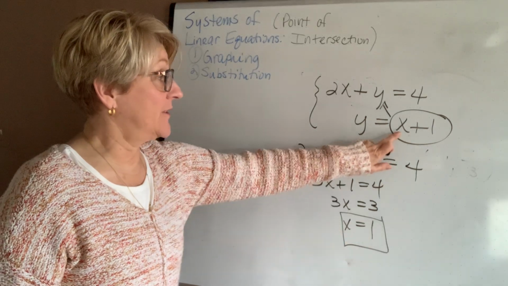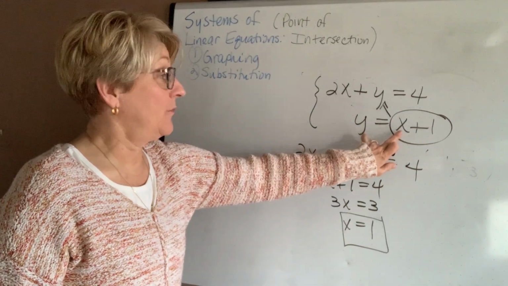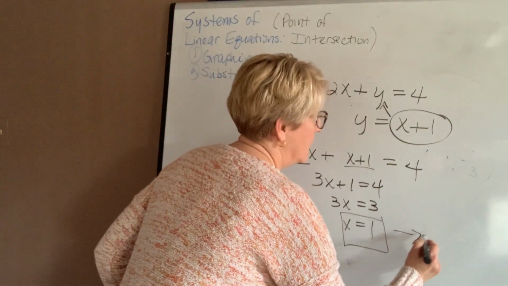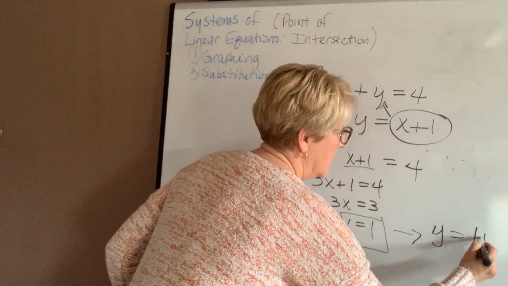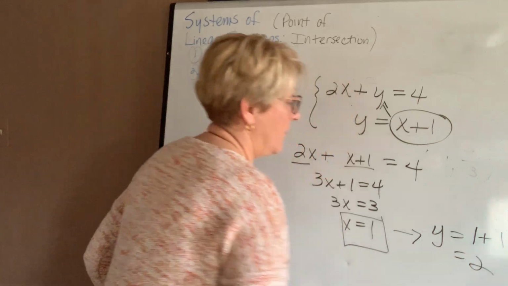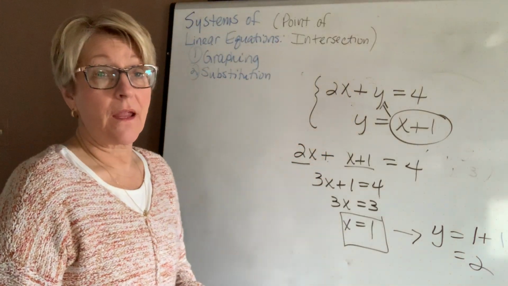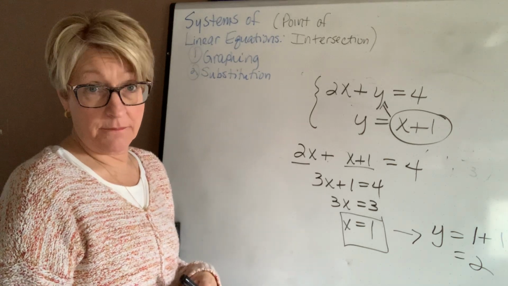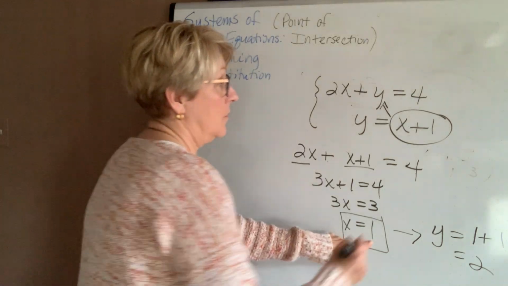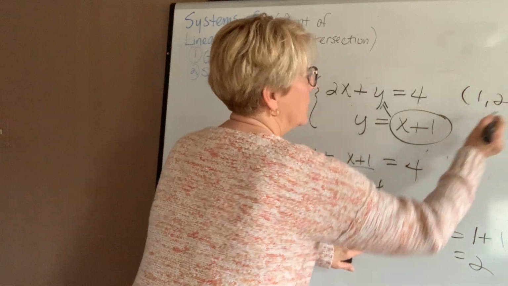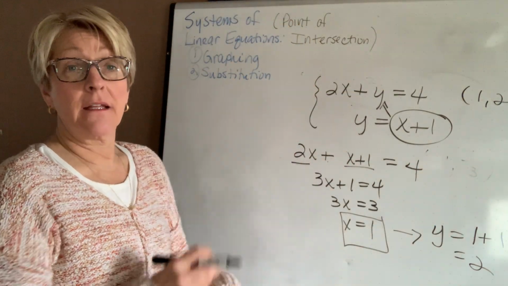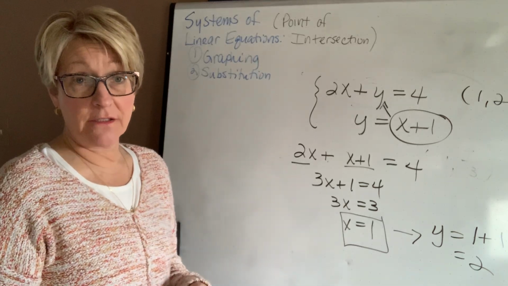Doesn't it look like we could just put it right there and we will have y all solved for? So I'm going to solve for y. So the solution to this system is the point (1, 2). That is the point where, if I were to graph these two lines, they would intersect.